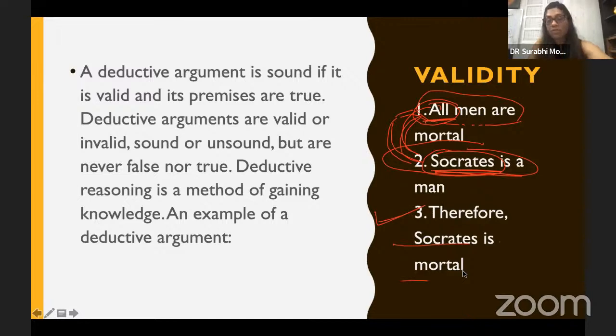Now, in deductive logic, we see whether the given statements are valid or not, and a valid set of statements is known as a valid syllogism. Right?